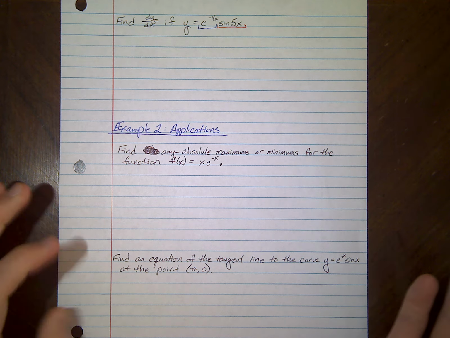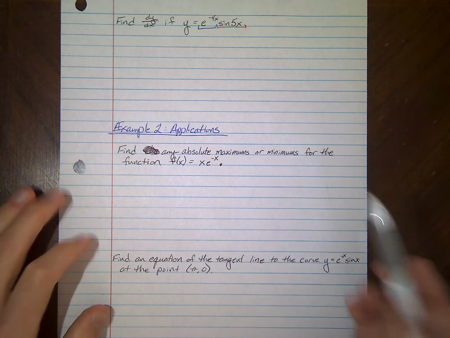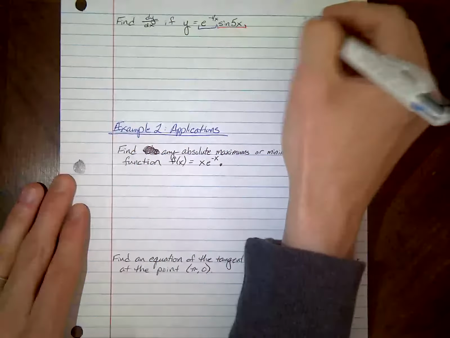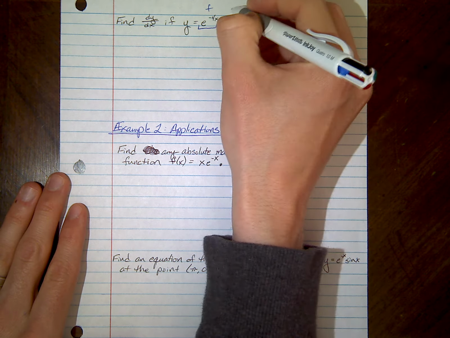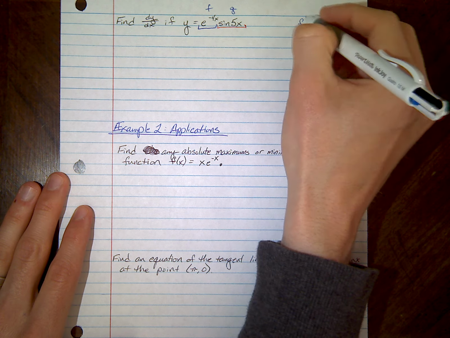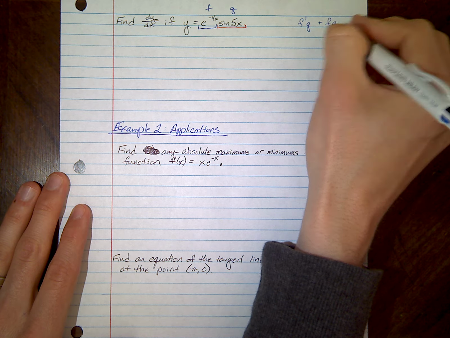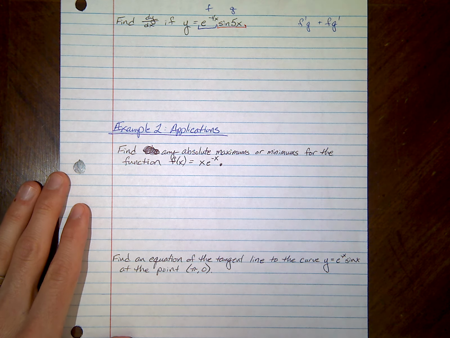And within those functions, you have to chain rule. Okay, so e to the negative 4x. All right, well, product rule itself, if this is f and this is g, f prime times g plus f times g prime. I know I'm kind of interchanging my notations here, but you get the idea.